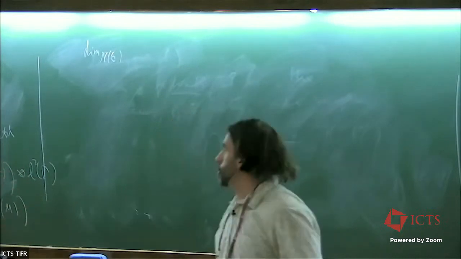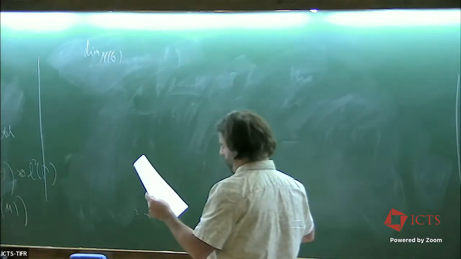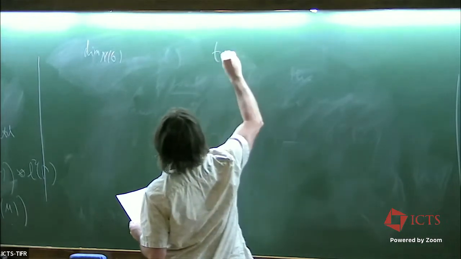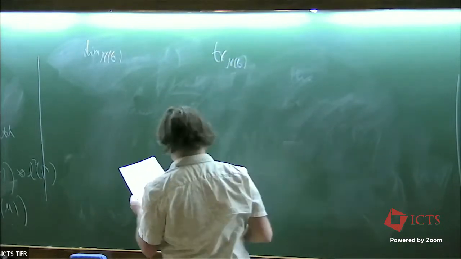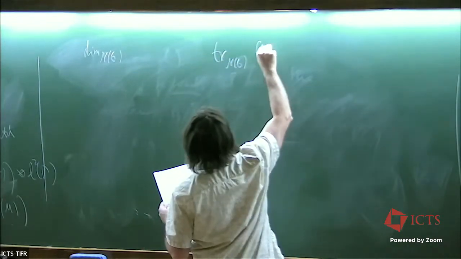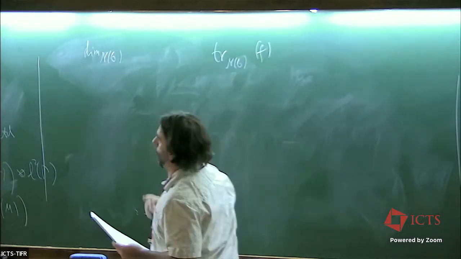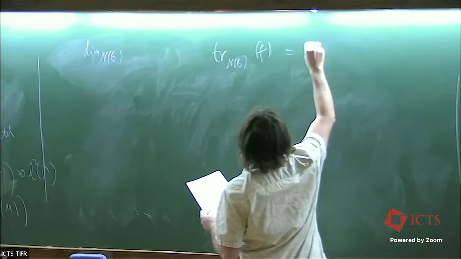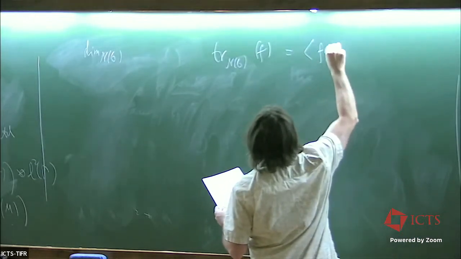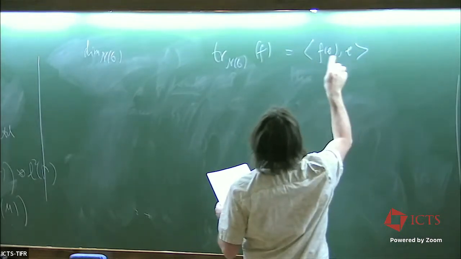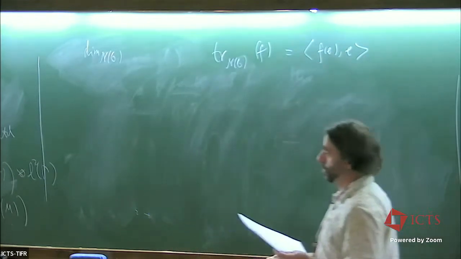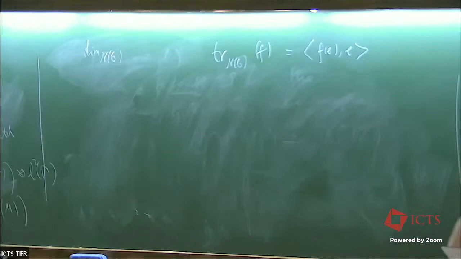This is like the trace of the von Neumann algebra itself: for such a bounded operator from L2 to L2, I can consider the image of the identity and then take the inner product with the identity in the L2 norm of the sequence space.